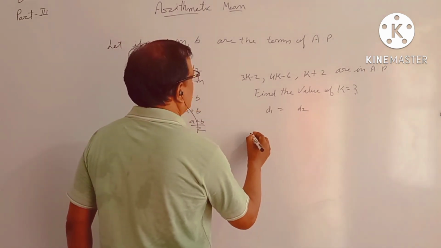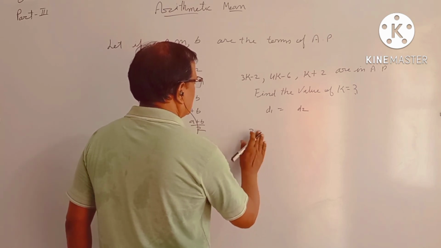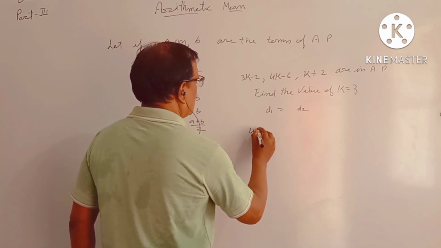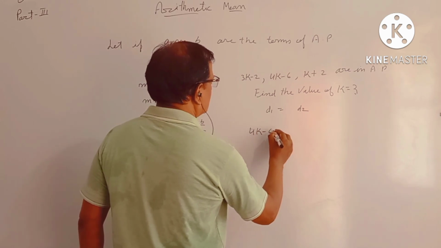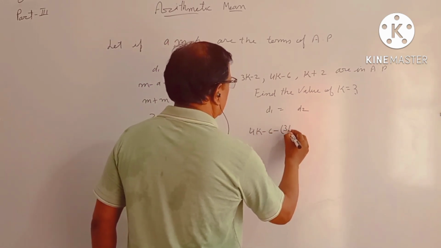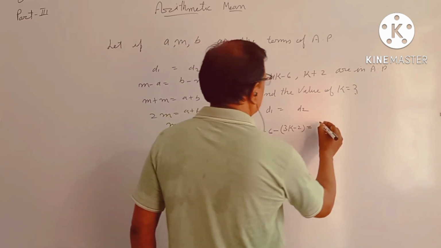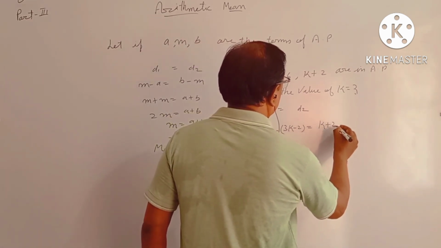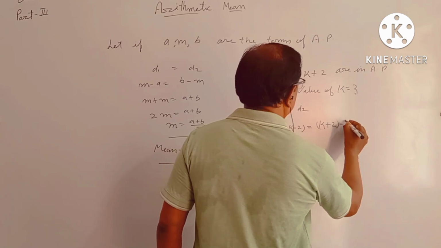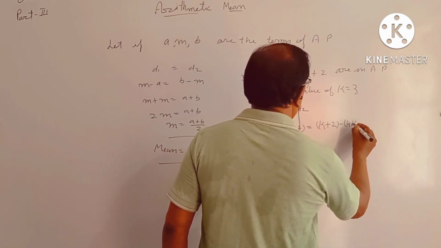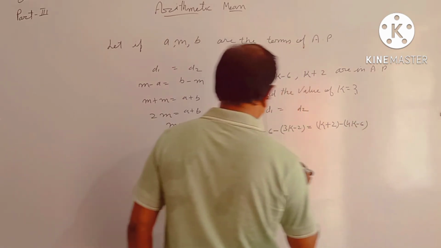D1 will be 4k minus 6 minus (3k minus 2), equal to (k plus 2) minus (4k minus 6).